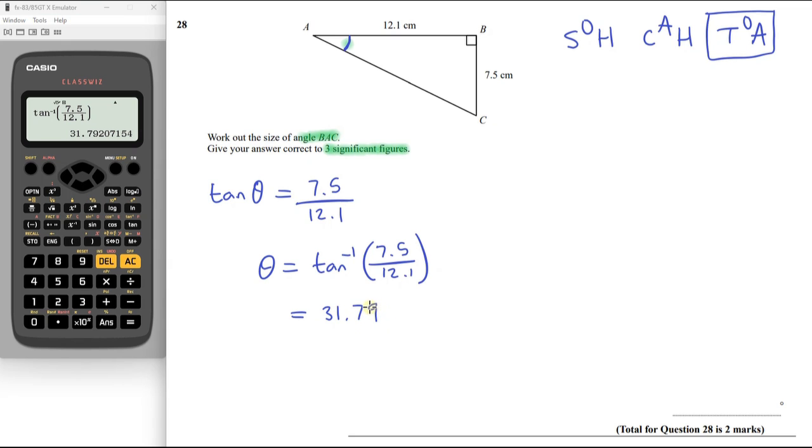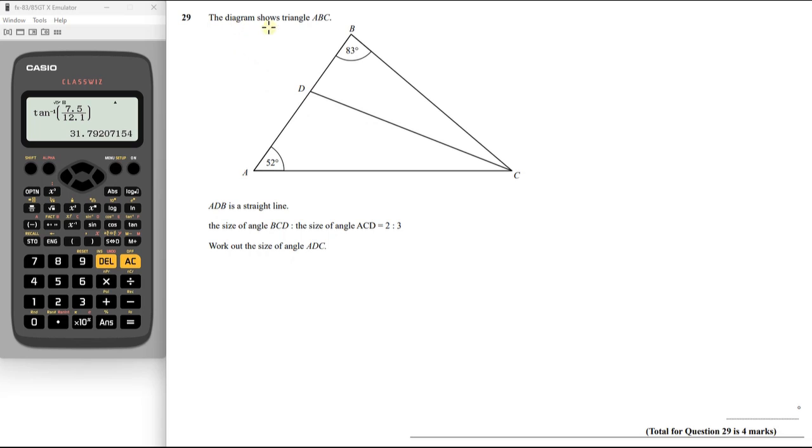Let's just think about, does that make sense? Well, it does. It's quite a small angle, so 31.79 sounds about right. But just looking at the question, we need to give an answer to 3 significant figures. So that is 31.8 degrees.